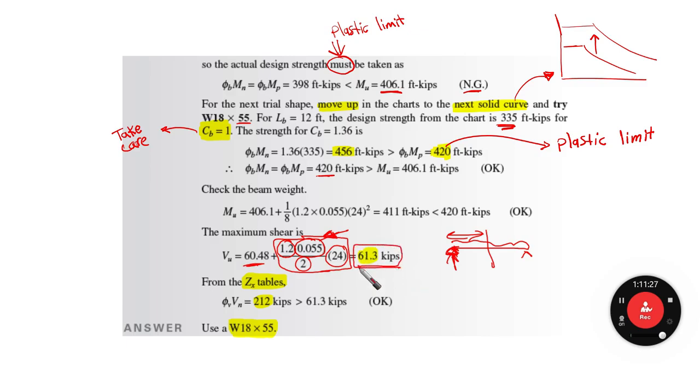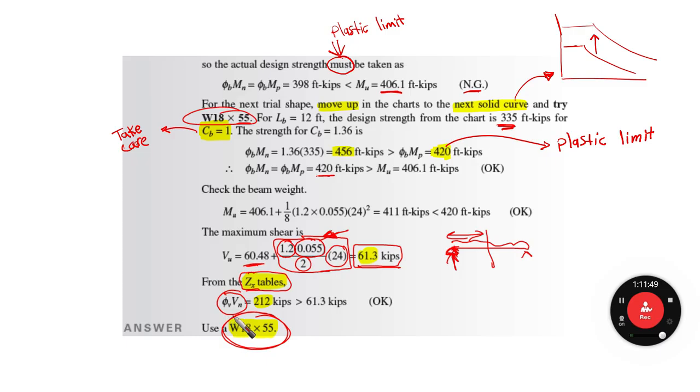61.3 kips. From the ZX tables, as we have mentioned before, please stop the video here, go to the ZX table and check for this shape, which is W18 by 55. Check what the phi Vn value, the shear strength value, is.